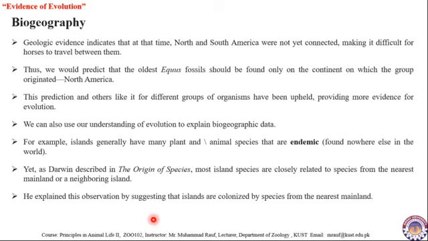So as Darwin described in the Origin of Species, most island species are closely related to species from the nearest mainland, that is, the species found on the Galapagos Islands showed similarities with the ones on the South American mainland. He explained his observations by suggesting that islands are colonized by species from the nearest mainland.